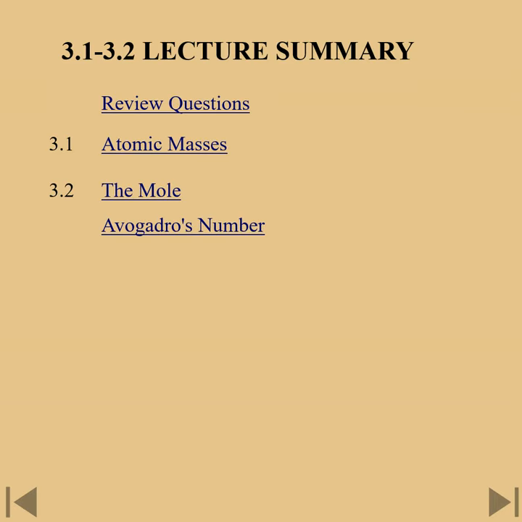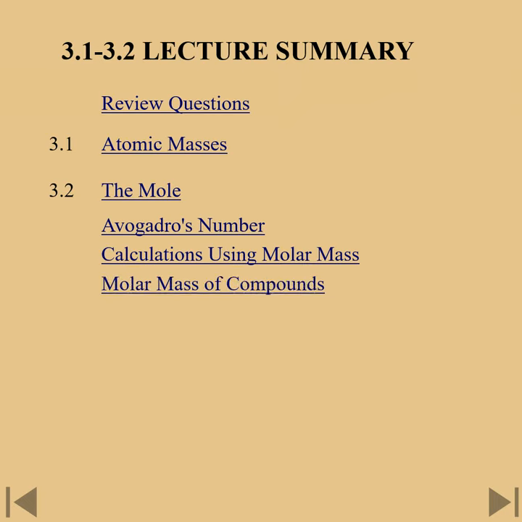We saw molar masses when we talked about atomic masses. Let's not forget that, because that was our most common calculation in all chemistry, going back and forth between grams and moles. And we saw some examples of calculating molar masses. Remember, the molar mass of a compound is simply the sum of the masses of the elements in that compound. And though rare, we can calculate an actual number of atoms in a sample.